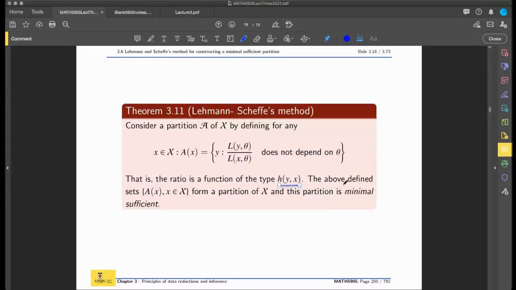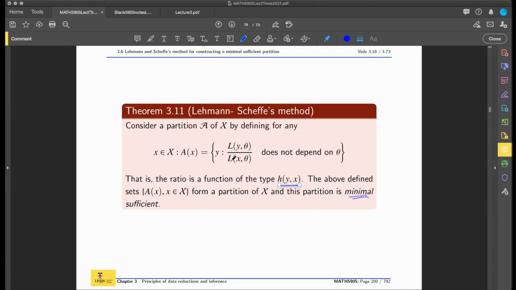Okay. Then the sets that are defined by this A_x, for x in my sample space, will form a partition of my sample space, and this partition is minimal sufficient. Okay, so I look at this likelihood ratio of a y sample and an x sample, and I want this ratio not to depend on theta.